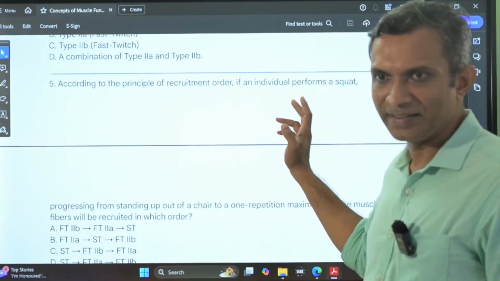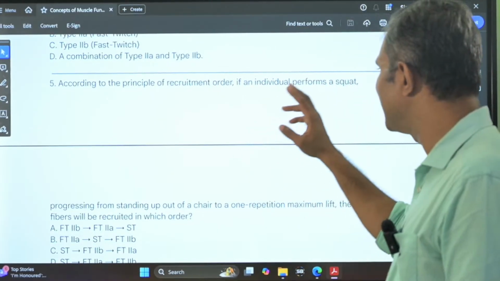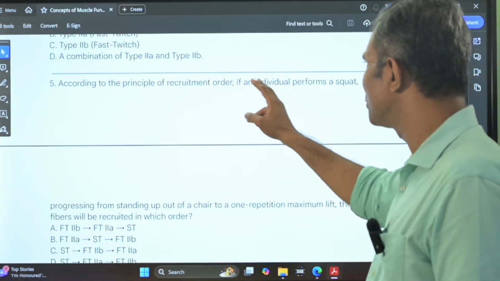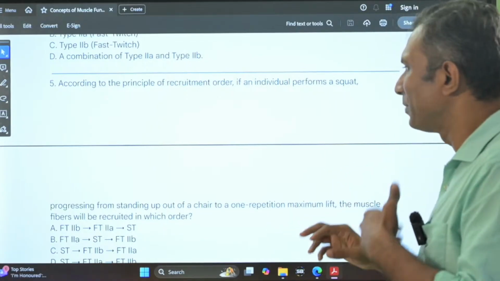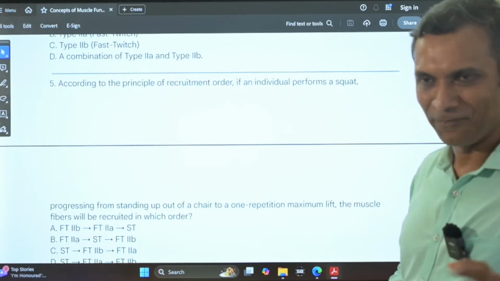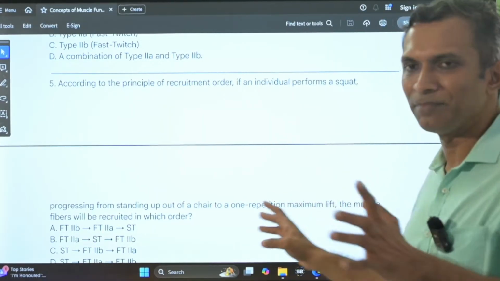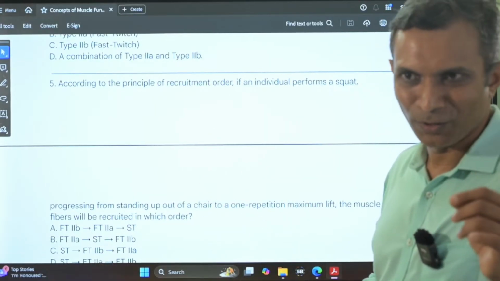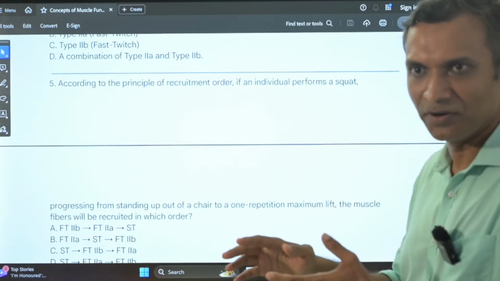Because this is a perfect example of a distractor mode of question where it just speaks about the recruitment order, but in between, so many things are filled in to divert your attention. Performs a squat, standing up from the chair, 1 repetition max. It all ends up in the muscle fibers being recruited in which order. So you should be skilled enough to tackle such stuff and to save your time.